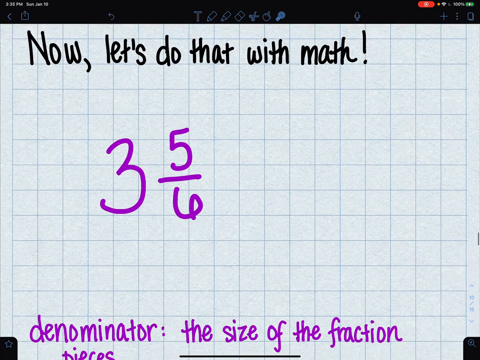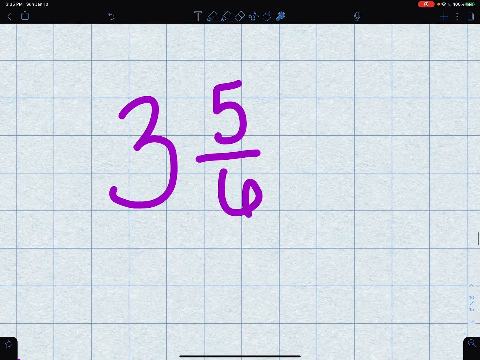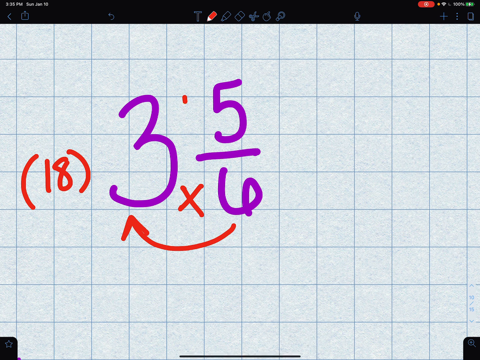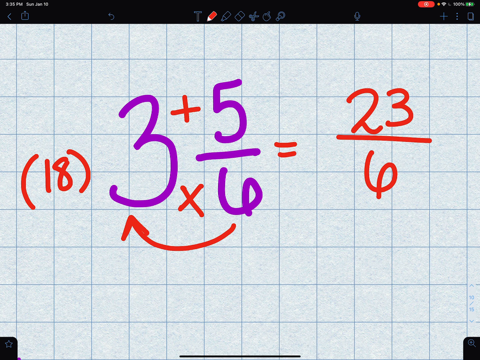Okay? So let's do it with math one more time. I'm going to make it big. We're going to go 6 times 3, which is 18. Then we're going to add the 5, which is 23. The denominator stays the same. Okay? So 3 and 5/6 is the same as 23 over 6.